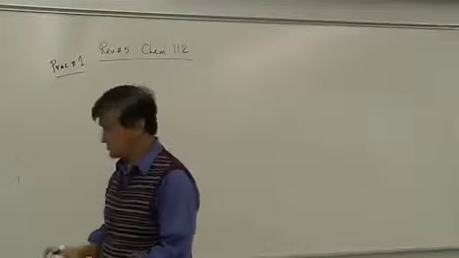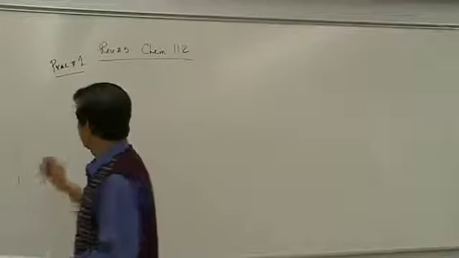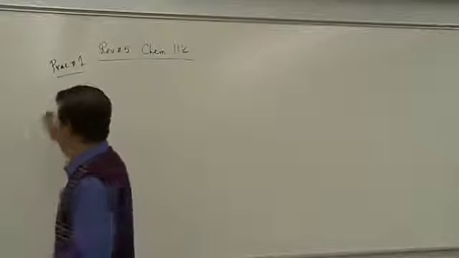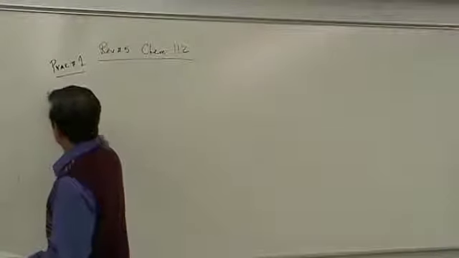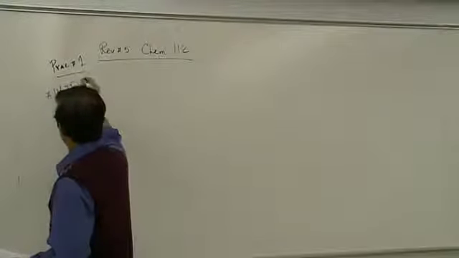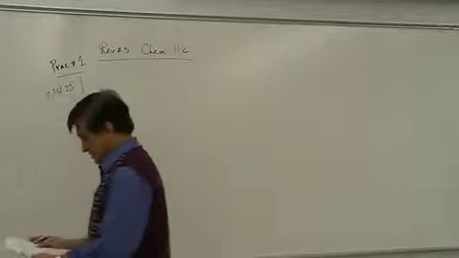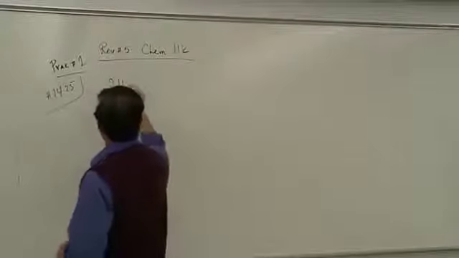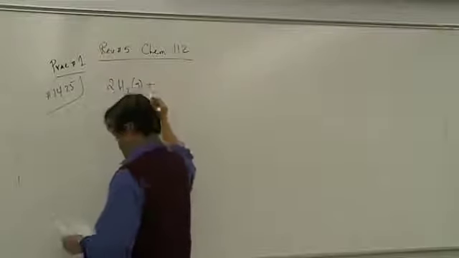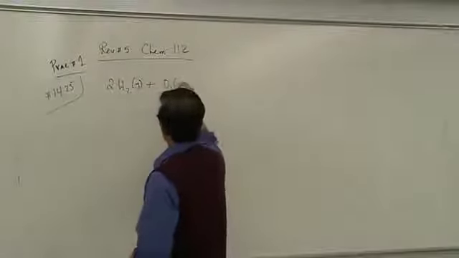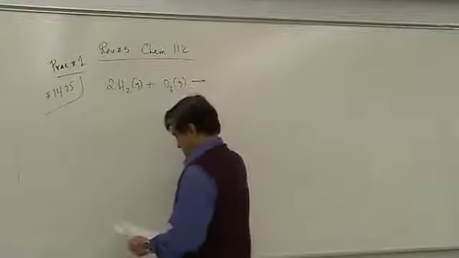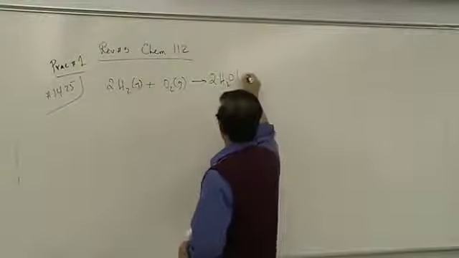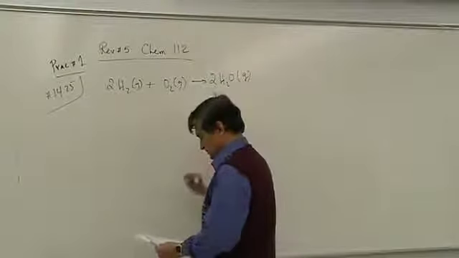This problem I took from the book. If you have the 12th edition, it's number 25, chapter 14, so 14.25. They're referring to this reaction: 2H2 plus oxygen yields 2H2O gas.